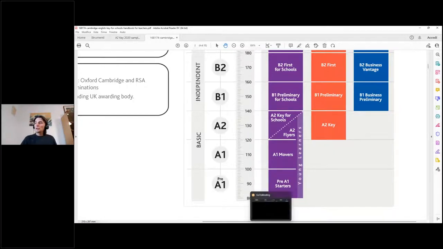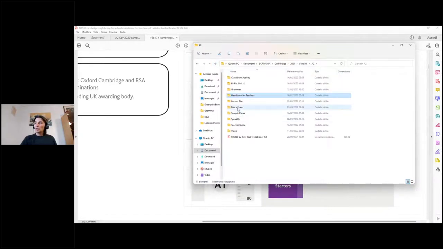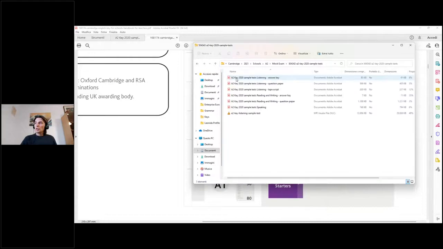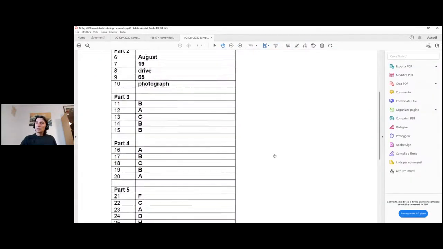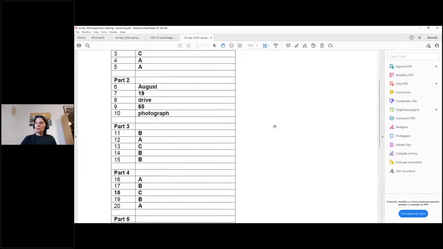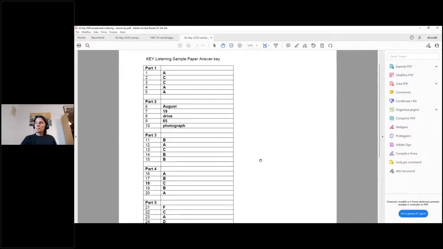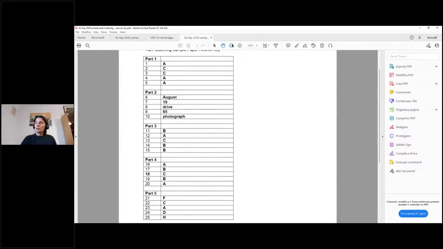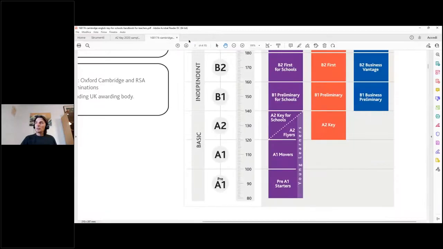So make sure you count your correct answers, and keep in mind that each correct question equals 1 point. So look again at your answer key and check your answers, so that you can get the points, your final mark for the listening exam as well.